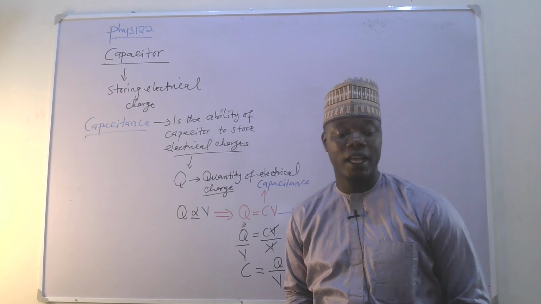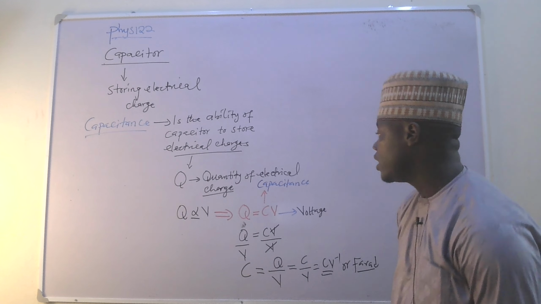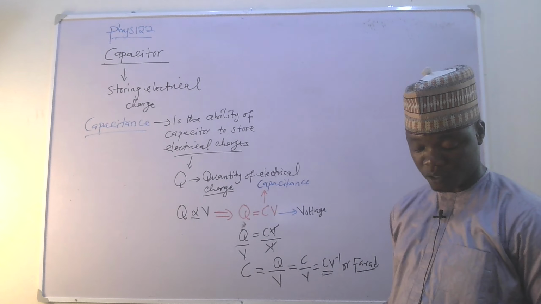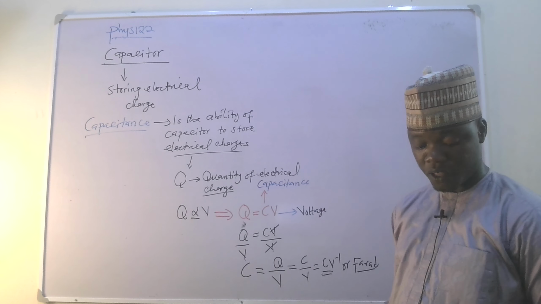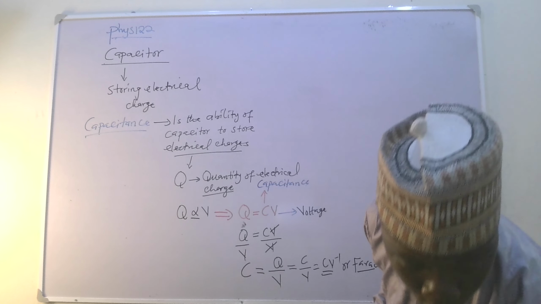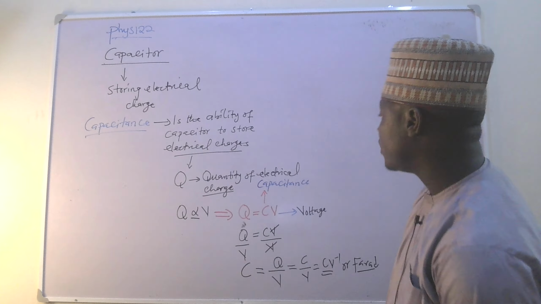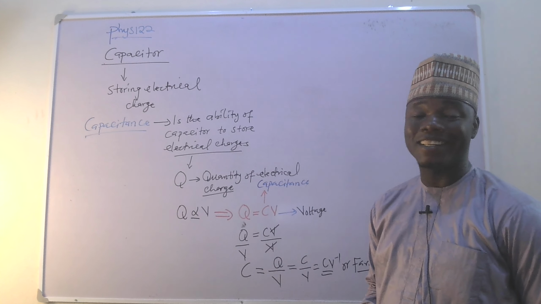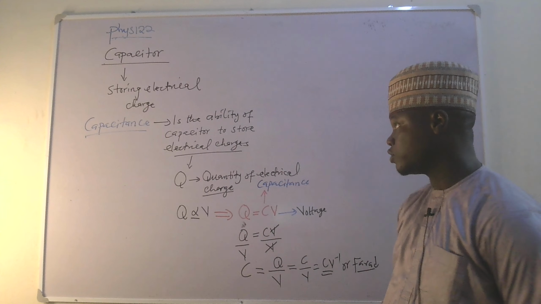We have what you call the capacitance of a parallel plate, and that is what we are going to look at now. But before then, we can also get the formula for calculating energy stored in a capacitor.